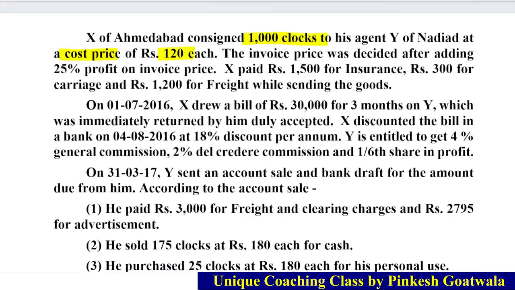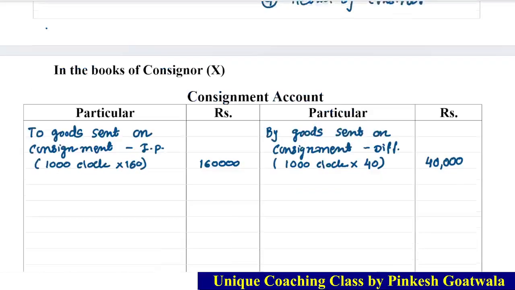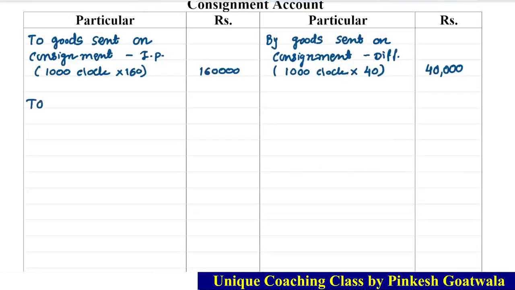Okay. Then next point, X means the consigner paid the expense, 1500 for insurance, 300 for carriage, 1200 for freight. Then X drew a bill of 30,000 for 3 months. Okay, and it is discounted at 80%. So we have to calculate discount for 2 months. So let's give that effect. First of all, expense paid by consigner, it will be debit side to cash account.